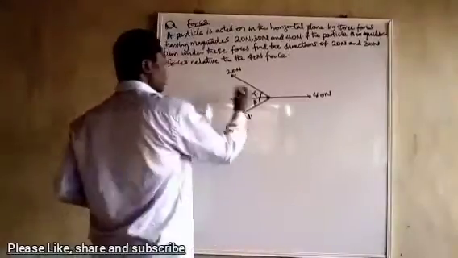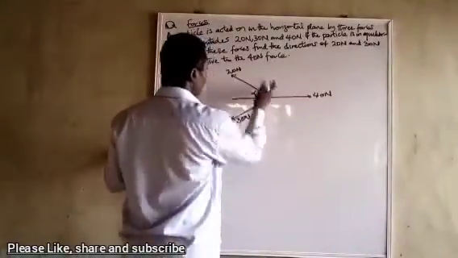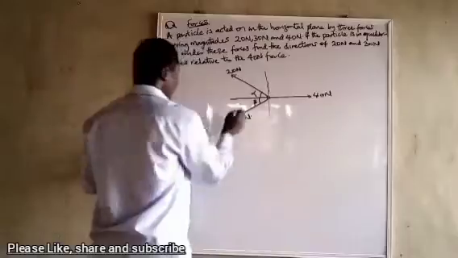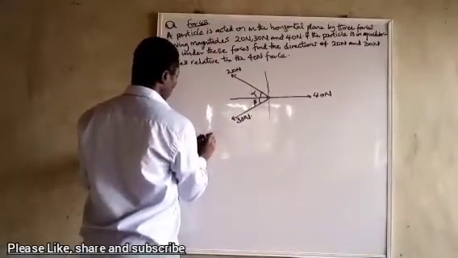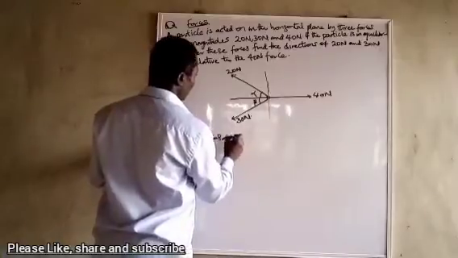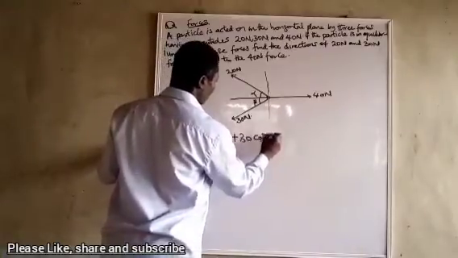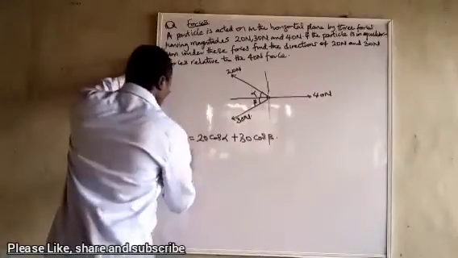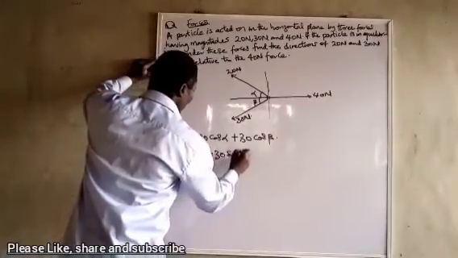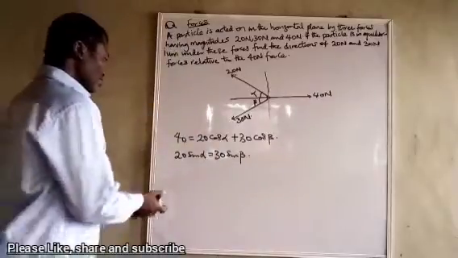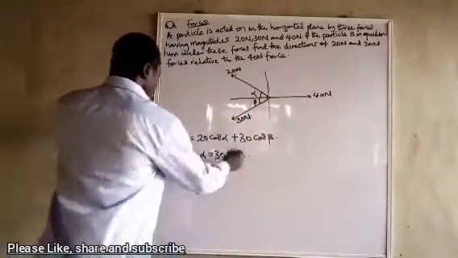Now, if I want to use resolution of vectors, I just resolve along and perpendicular like this. So I have 40 is equal to 20 cos alpha plus 30 cos beta. At the same time, 20 sine alpha is equal to 30 sine beta. In this situation now, I can have it like this.